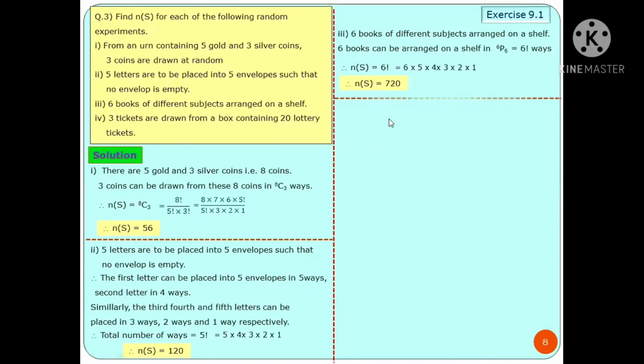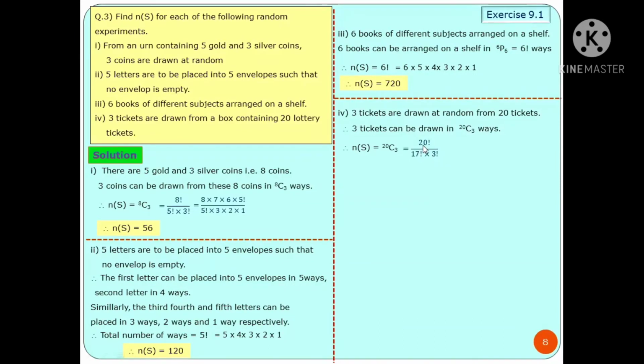Next case. Fourth: 3 tickets are drawn from a box containing 20 lottery tickets. So 3 tickets can be drawn out of 20 in 20C3 ways. Therefore n(S) is 20C3. Calculation: 20 factorial upon (20 minus 3), that is 17 factorial into 3 factorial.